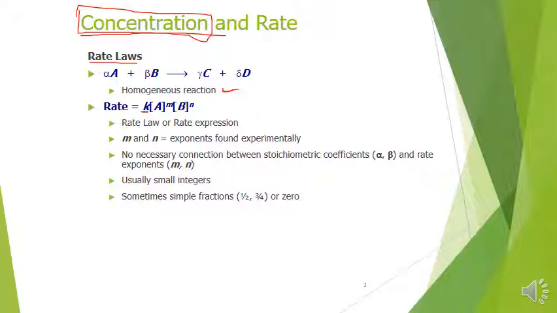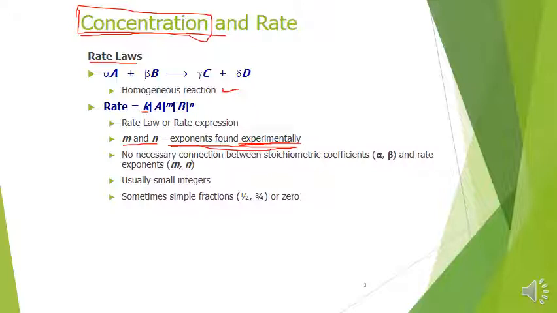A is the concentration. m and n are exponents, and they tell how the particles A or B interact with themselves or each other, and this has to be found experimentally. You can't derive it from the equation.